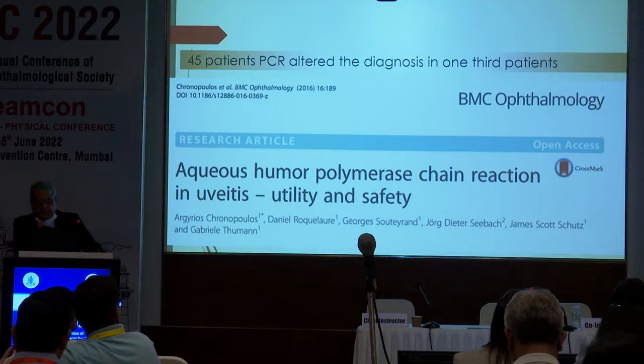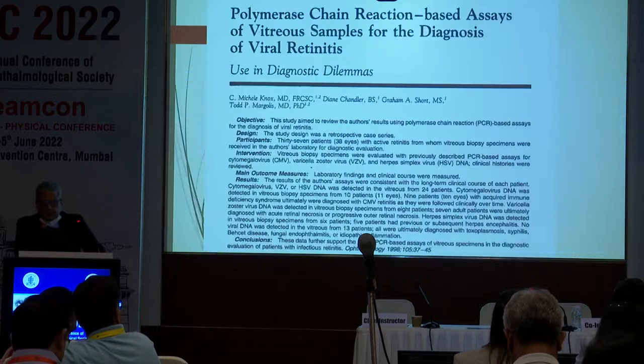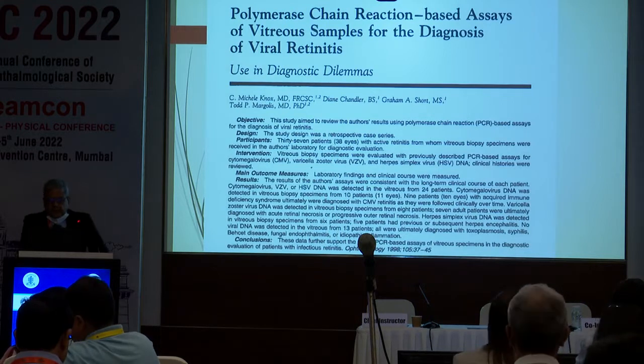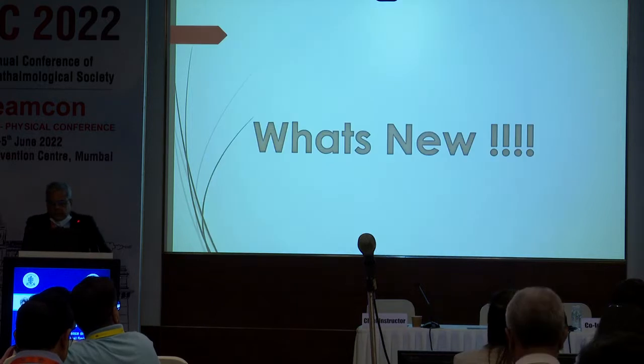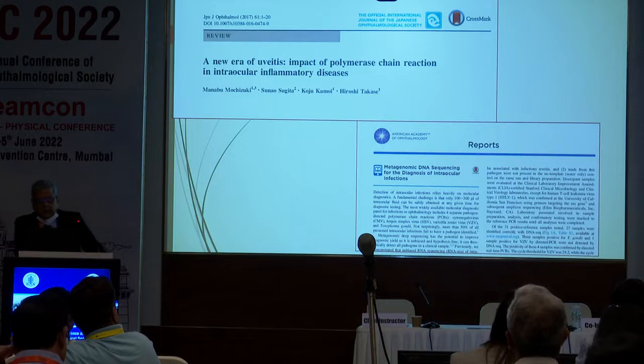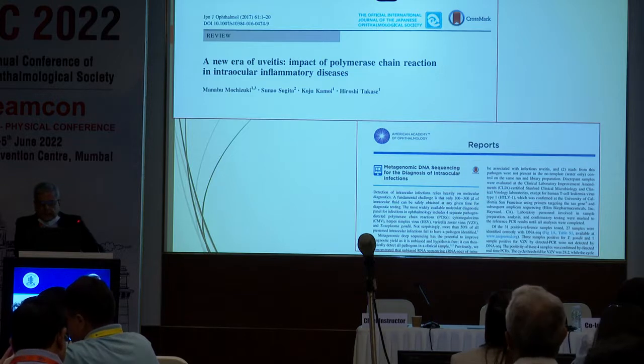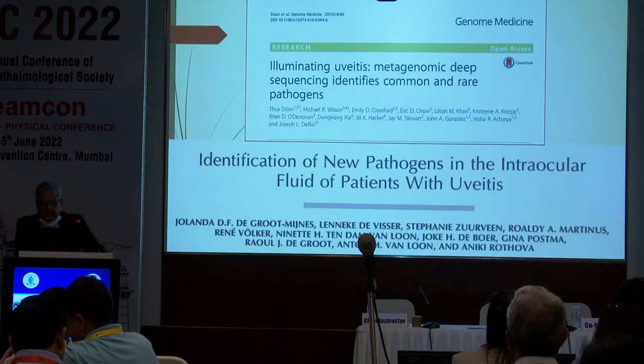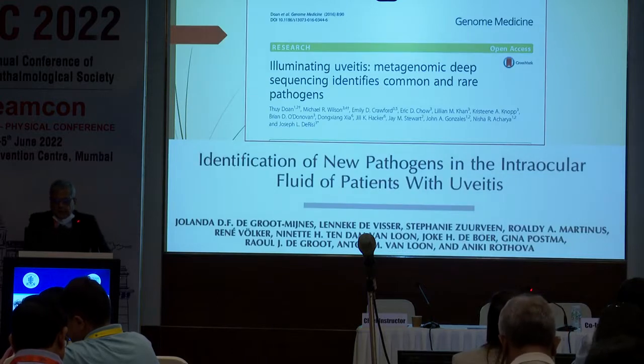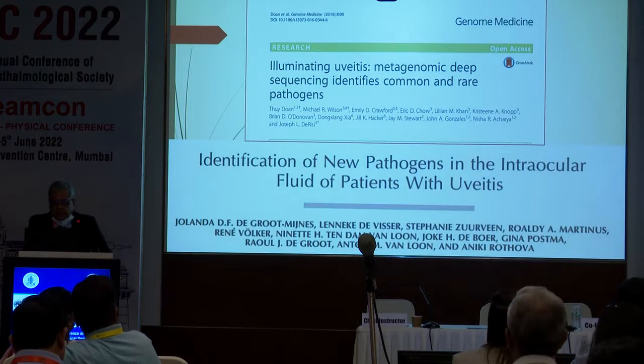Aqueous humor polymerase chain reaction in uveitis, its utility and safety, has been demonstrated by our study. Polymerase chain reaction in the various samples in viral retinitis is of utmost importance. What's new is the impact of PCR in finding new organisms, and metagenomic deep sequencing for the diagnosis of intraocular infections much more precisely, and identification of new pathogens in intraocular fluid in patients with uveitis.